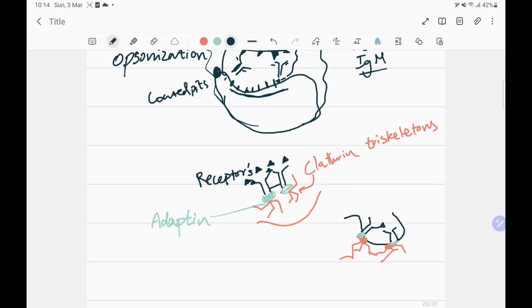And eventually what's going to happen is the neck of this little depression is going to come really close. The 2 layers of the bilipid layer are going to come very close, and then a special molecule comes over here, and this molecule is going to nick everything and make a little bag. We call that dynamin.